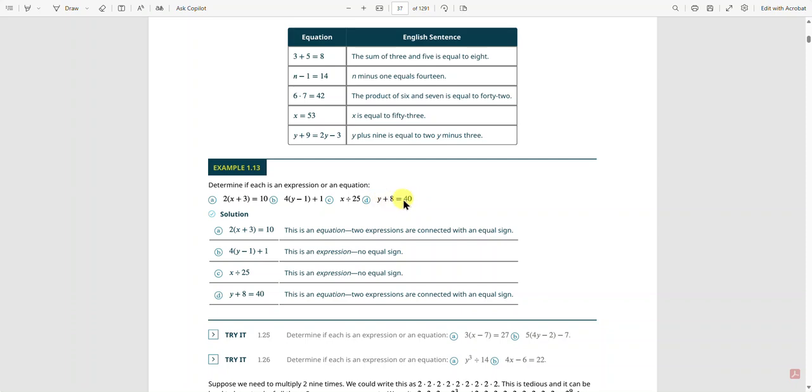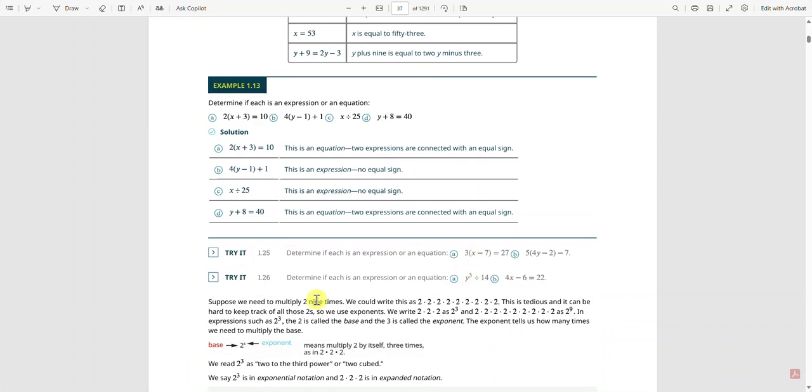But two expressions joined together by the equal sign makes an equation. And so you can see those answers explained down here in the answers. And then you're given a number to try on your own. See how comfortable you are with this? If you struggle, go back and review the lesson. And if after reviewing there's still something you don't understand, get in touch with us so that we can help.